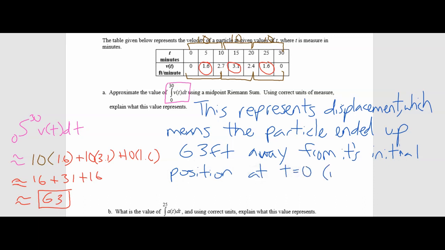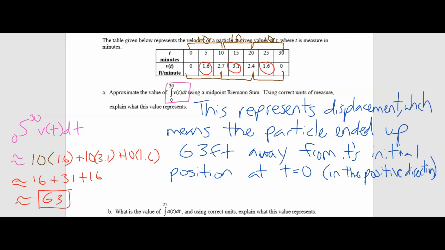And again, this is in the positive direction. Can I squeeze it in? Sort of, yes. It's in the positive direction because our answer was positive.